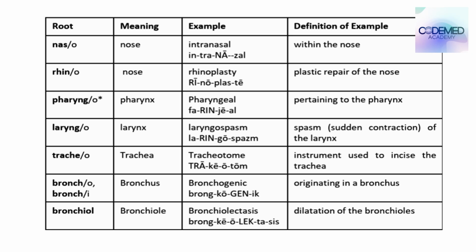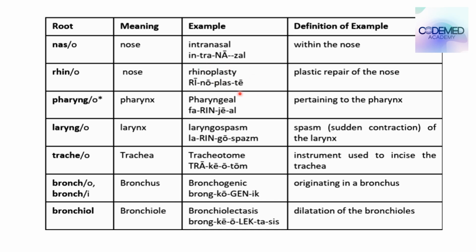Now, these are the important medical terminology related to this particular chapter. Nose, naso, intranasal, that is within the nose. Rhino is also nose, and this rhino originated from the rhinoceros, which has a characteristic horn on its nose. Rhinoplasty is repair.